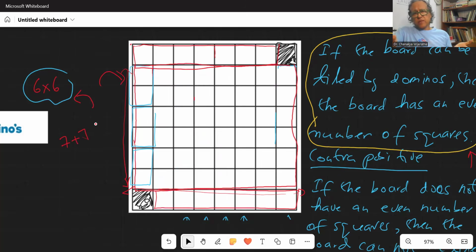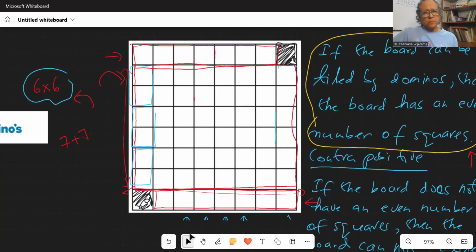Even though it is 14, the way it is situated, we can't tile. So here we have a row of 7 squares, which can't be tiled, and a row of seven squares can't be tiled, right? So can we say that because the 6x6 subboard can be tiled, the other one can't be tiled, that the board can't be tiled? Can we say that, right? If we can, then we can conclude that this board cannot be tiled, all right?